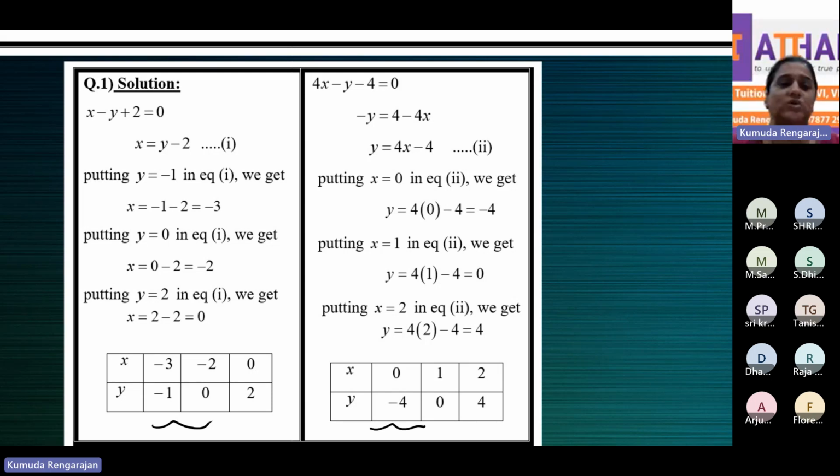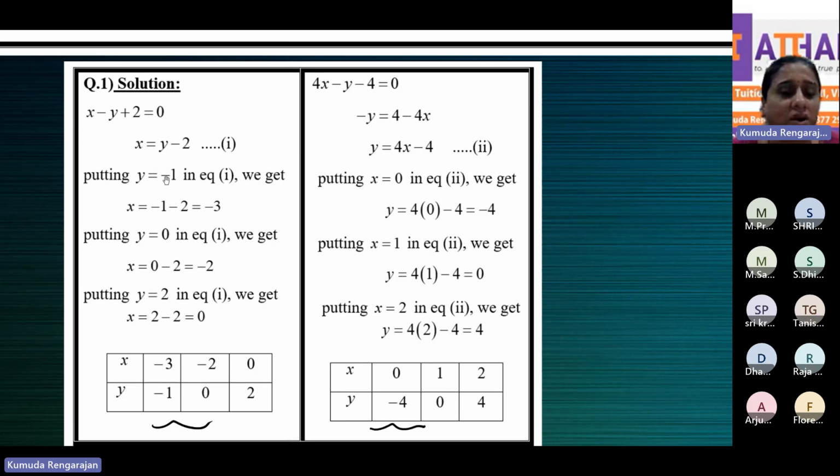So I've called this equation 1 and this one equation 2. Then you should say, putting y is equal to -1 in equation 1 we get x is equal to, instead of y you put -1, so -1 - 2, so x is equal to -3.